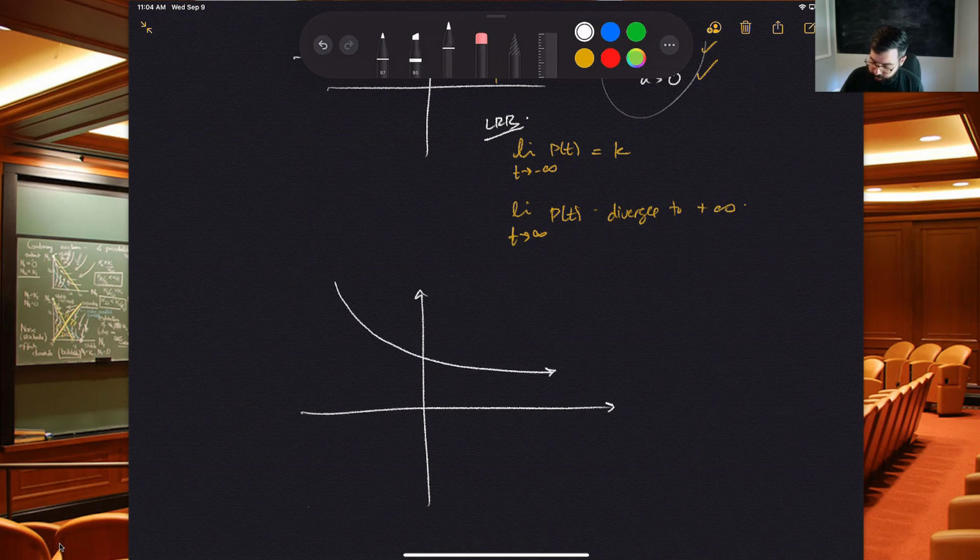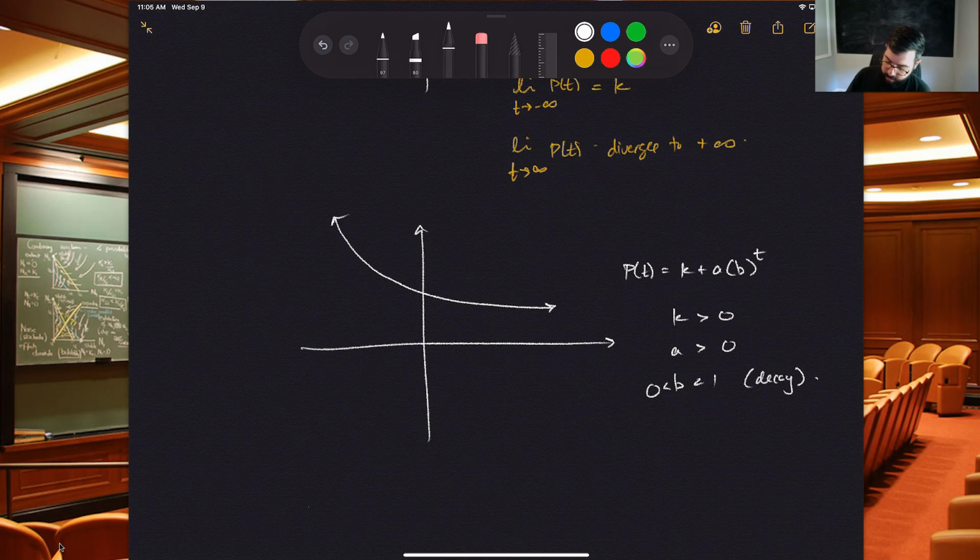We have the decay function, which we looked at. Here's a different function, k plus a times b to the t, where k is greater than 0, a is greater than 0, b is between 1 and 0 since it's decay, right? And so here we see, just like before, the limit as t approaches infinity of p of t.